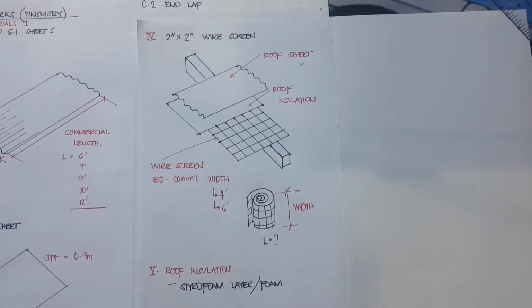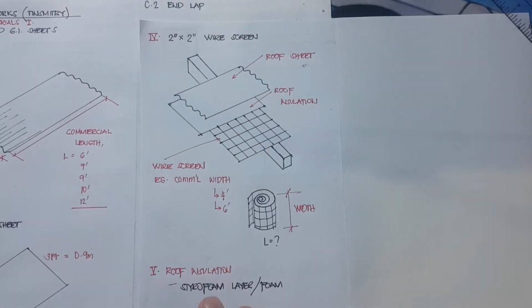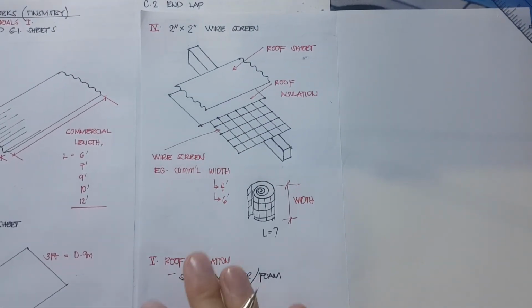Next, we have the 2x2 wire screen, and you have your roof insulation. The function of roof insulation is to manage the temperature inside your house. So if it is cold outside, it would help you to maintain the warmth inside. And if it is very hot outside, ma-maintain mo yung coolness sa loob.